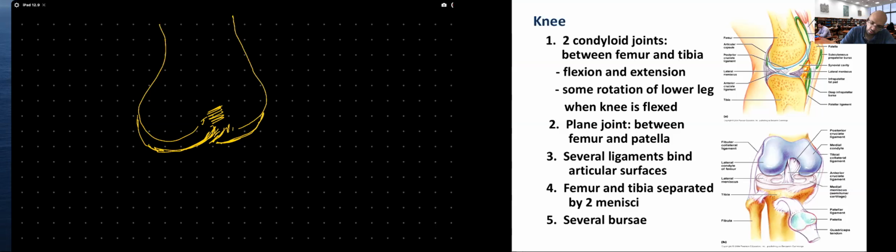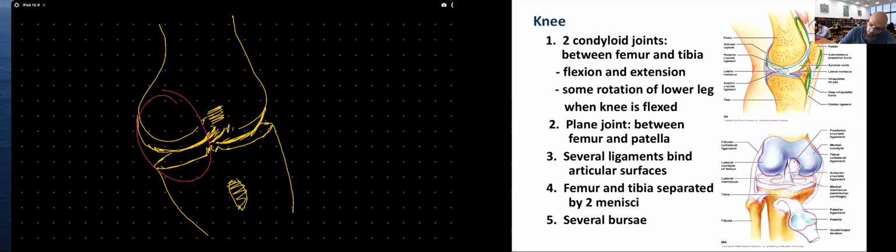They are articulating here. The medial and lateral condyles of the femur are articulating down here with the medial and lateral condyles of the tibia. Medial and lateral condyles of the femur articulating with the medial and lateral condyles of the tibia.